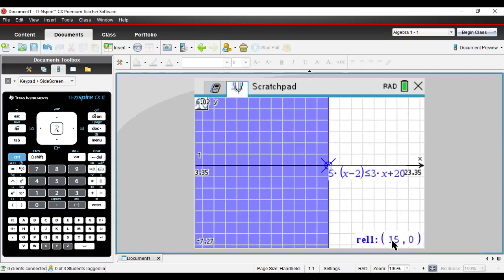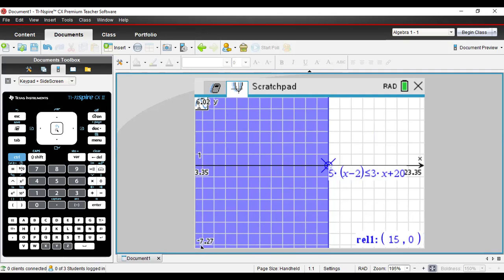You can see that the boundary, the X value is 15. And the second most important thing is the shading is to the left of 15. So basically that means anything to the left or less than 15 is going to be a solution.